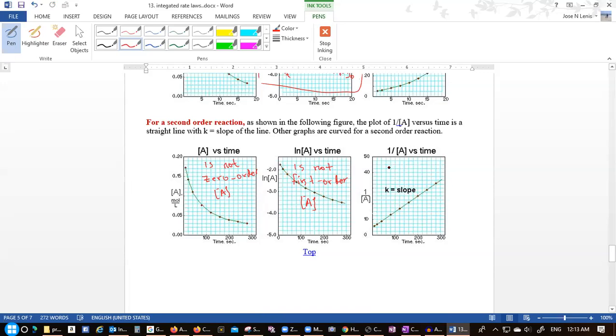You will say this reaction is second order with respect to concentration of A. You found it, because you got a straight line in this relationship of 1 over concentration of A against time.